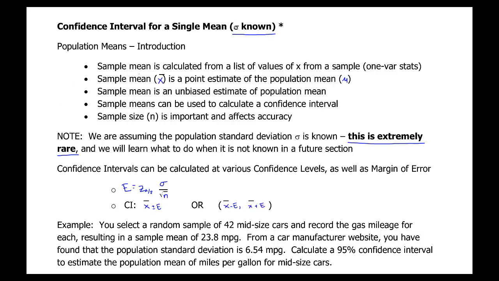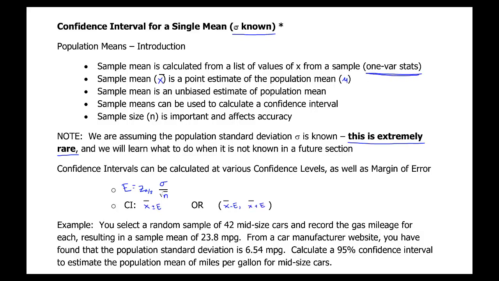So, a quick introduction. We're using sample means. If you remember from a long time ago, we can use one variable stats in the calculator or in Excel to calculate a sample mean if you're given a list of values. In some problems you'll have the sample mean already calculated for you. In some you'll get data, and you'll need to use it to calculate your sample mean.